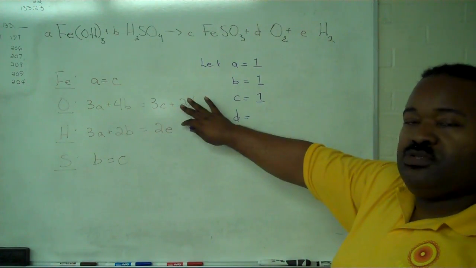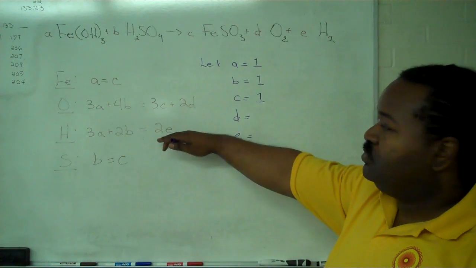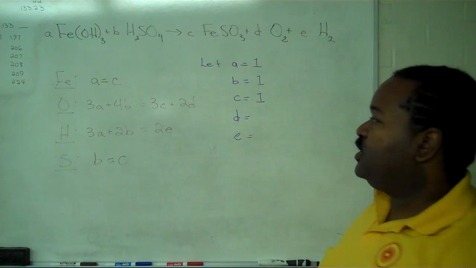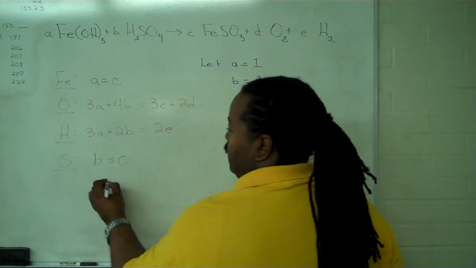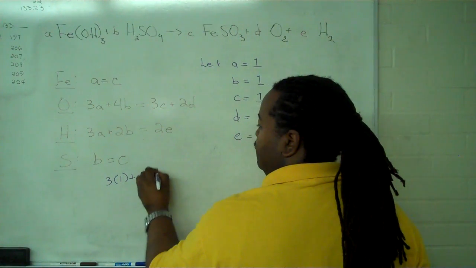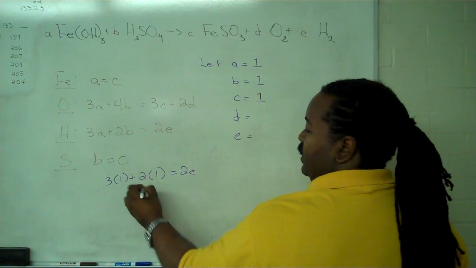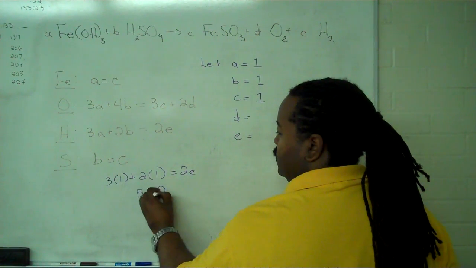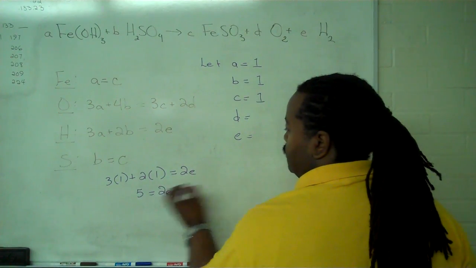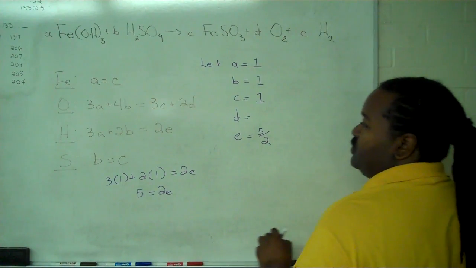And now I can substitute in to determine values for D and E. Let's start with E, just because it's very straightforward. 3 times A plus 2 times B gives me 2E. Well, that's 5 equals 2E. That means that E is 5 halves.